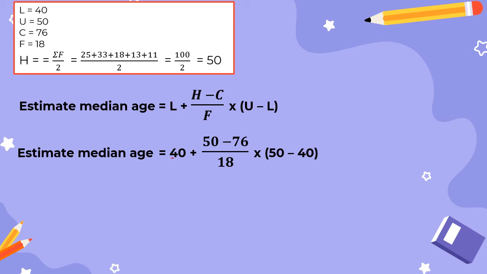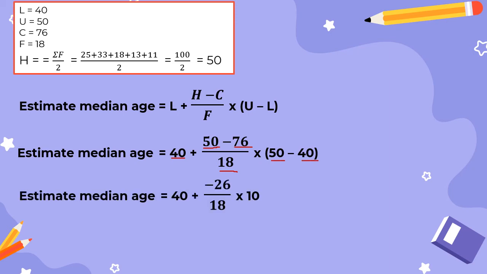L is 40, H is 50, C is 76, F is 18, U is 50, and L is 40. So next, 50 minus 76, we have negative 26, over 18, multiplied by 50 minus 40, we have 10.